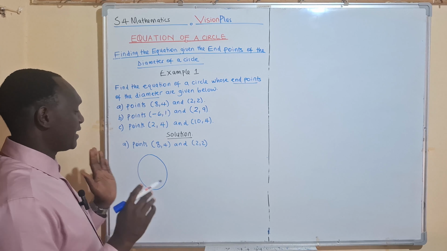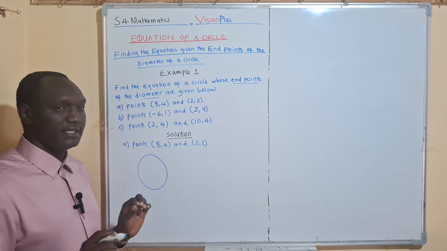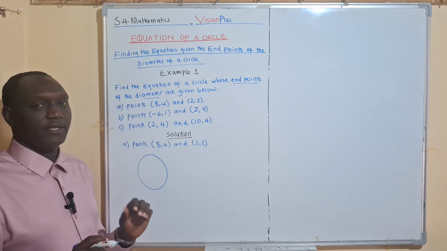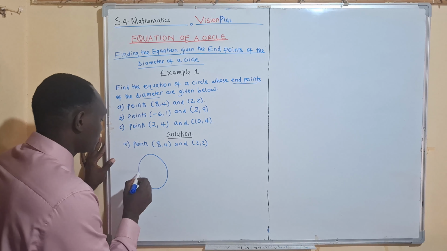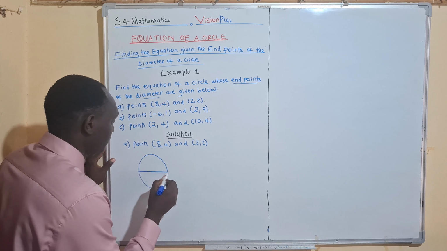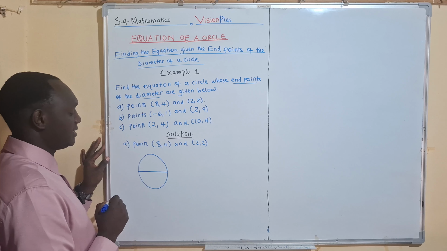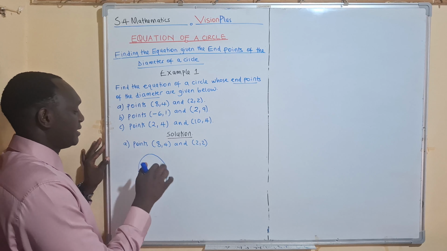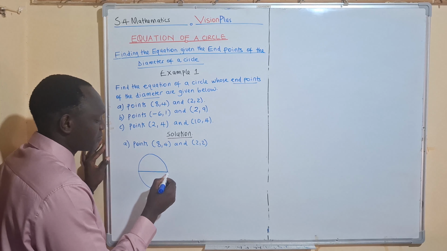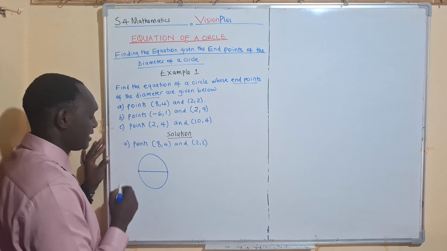So you can draw it in any manner you want, as long as you are dividing the circle into two equal halves. So I'm going to draw it horizontally. This is the diameter of a circle, and these are the endpoints of the diameter, this is one point, this is another endpoint.